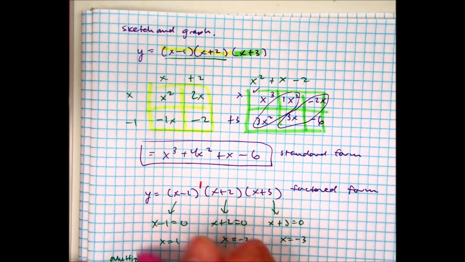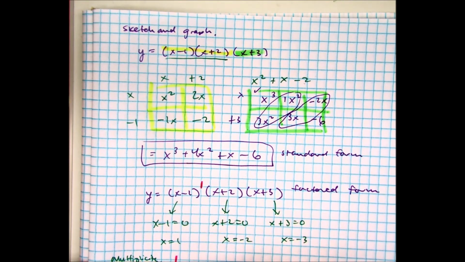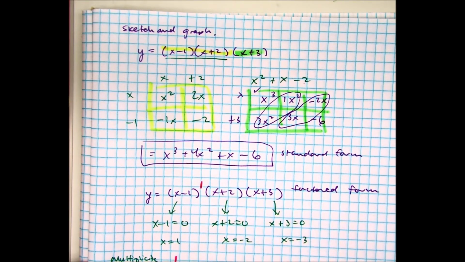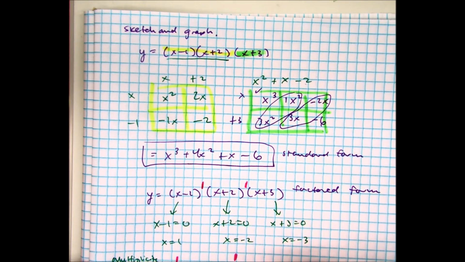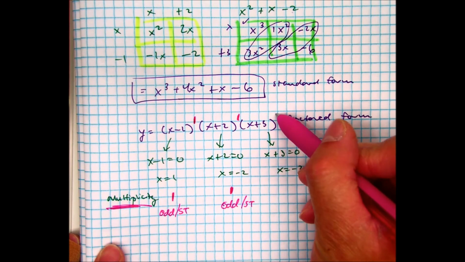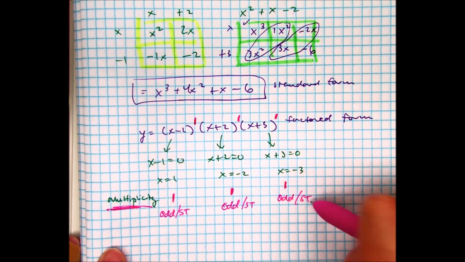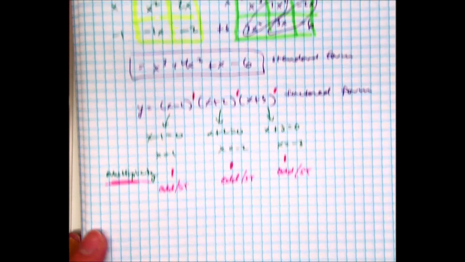So the multiplicity here is what? 1. It's odd. Someone said this number is odd. What do you do at odd? Shoot through. Shoot through. Multiplicity? Odd. Shoot through. And multiplicity is 1. Odd. Shoot through. Make a sketch.